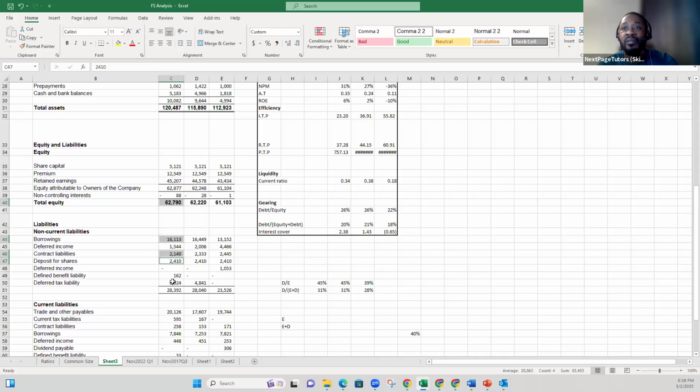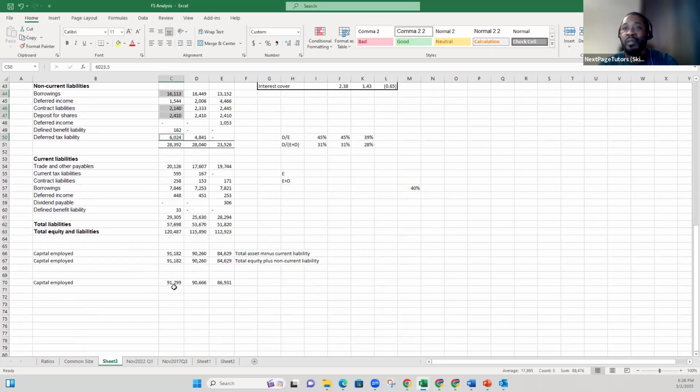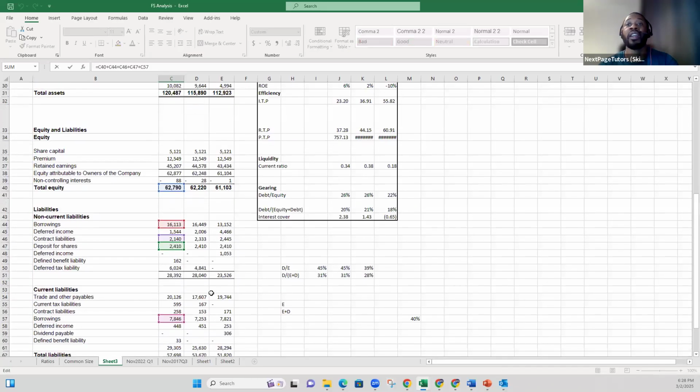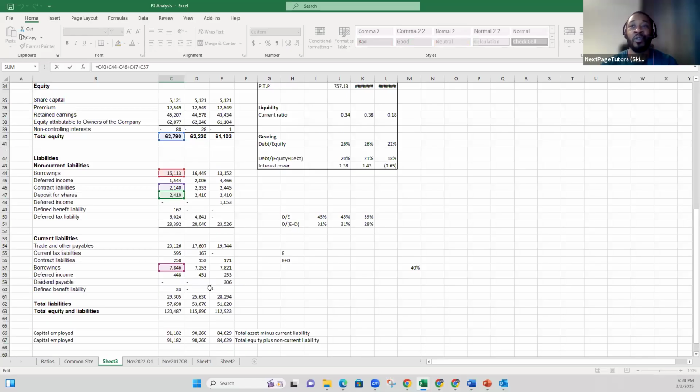What did we include? And what did we not include? That's how we got this one. Let me just highlight it. Okay, it was because we included the current aspect as well by saying this borrowing that is under current liability, because I understand it well, is also a debt, even though they are hiding it under current liability.